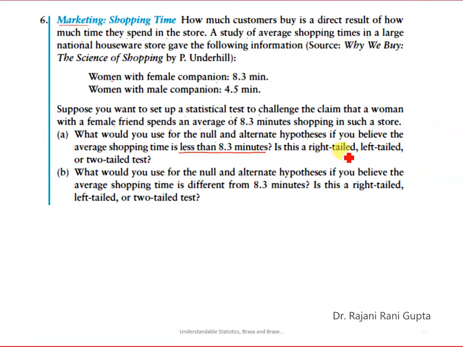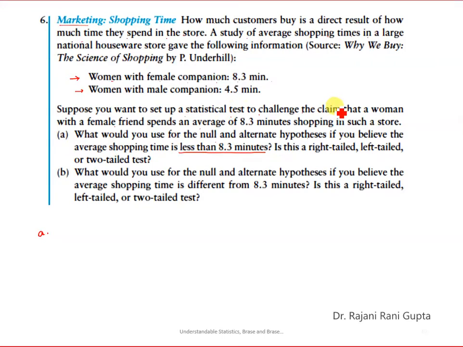Then you have to classify it as a right tail, left tail or two tail test. So what is given here? It is given that when women go with a female companion for shopping, they spend almost 8.3 minutes on average, whereas when they go with a male companion, they spend an average of 4.5 minutes shopping. Now we want to set up a statistical test.